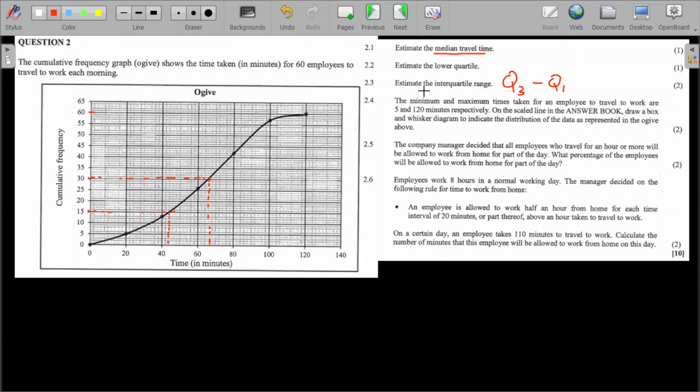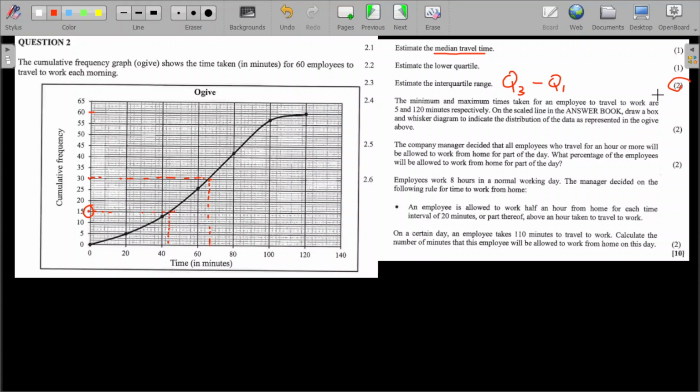We have this one that you found here, and we need to find this one somewhere here, in order to say this one minus this one to get the interquartile range. That's how you get these 2 marks. Hopefully we got these 4 marks from those first 3 questions.